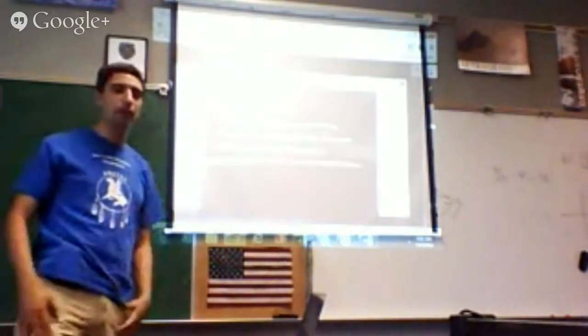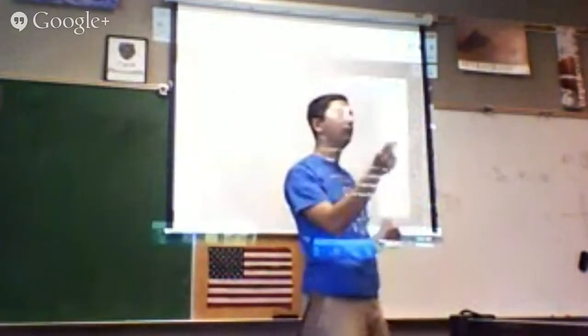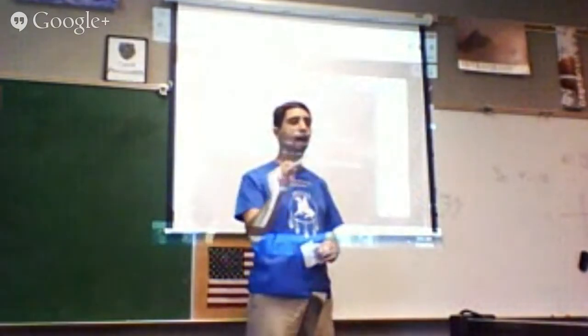What you're going to do now is I'm going to pass out some of these index cards. These cards are going to have a specific climate zone for you to individually investigate on your climate map.